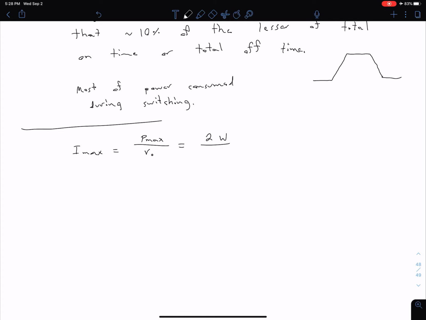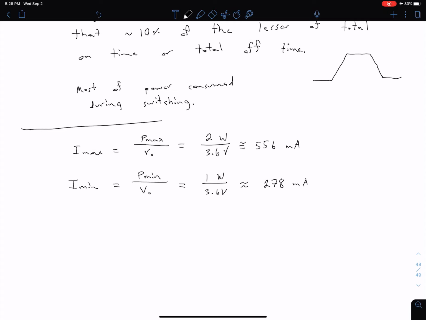Our maximum power, we said, got up to 2 watts. Output is 3.6 volts. We plug that in and we see that's approximately 556 milliamps. Our I min corresponds to our minimum power. We still have the same V out voltage, so now we have 1 watt divided by 3.6 volts, which is approximately 278 milliamps.